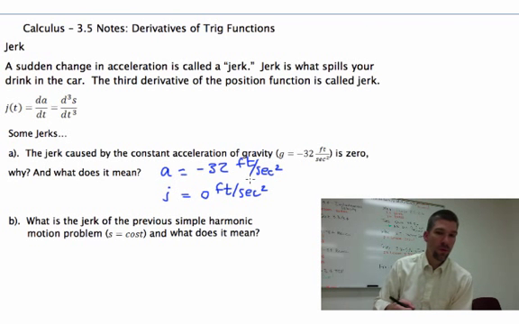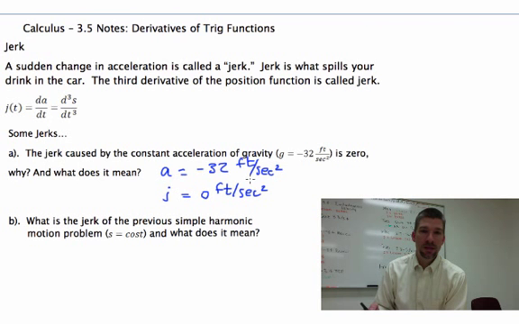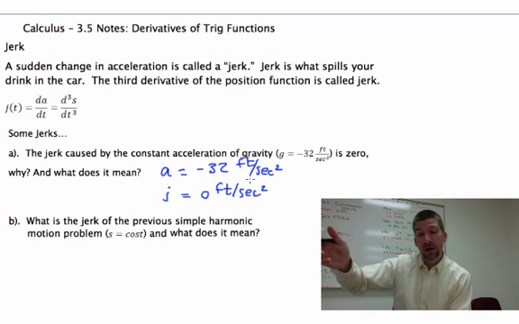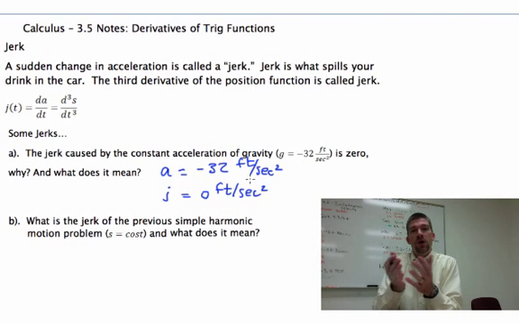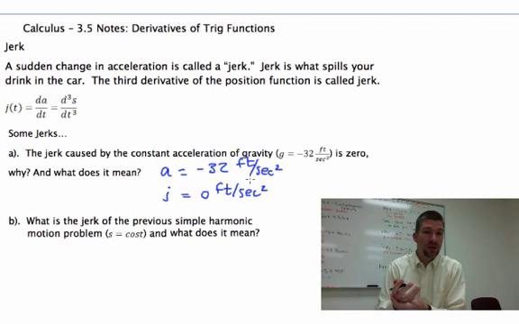Well, what does that mean? It just simply means that there's not a lot of bumpiness going on while we're sitting still on the earth. There's not a lot of bumpiness going on when you're falling. I know sometimes friction, but if we just looked at the falling of an object and only based it on the acceleration of gravity, it's not going to suddenly jerk around and change directions.